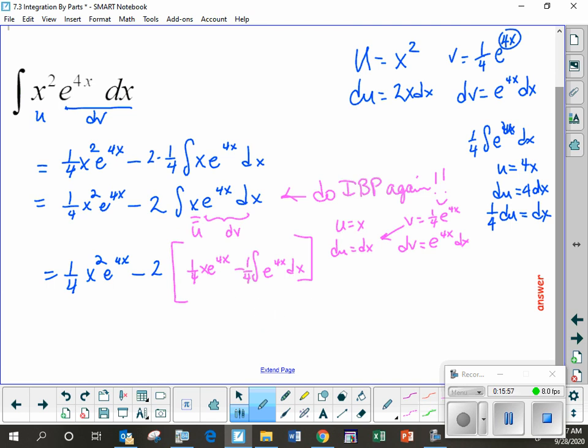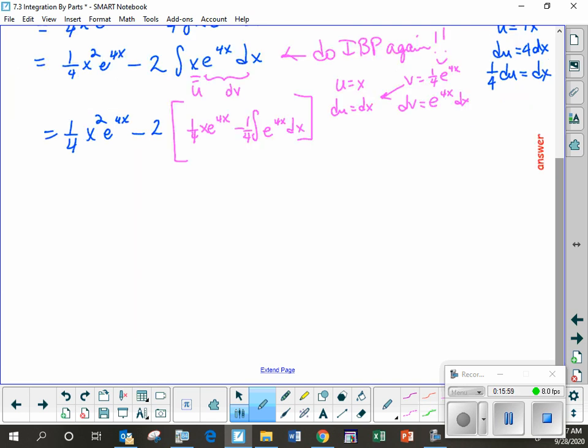Do not let yourself get tripped up with the algebra part of this. 1/4 x squared e to the 4x. Distribute through, correct? And it's a -2 distributing, so I get a negative 1/2 x e to the 4x.